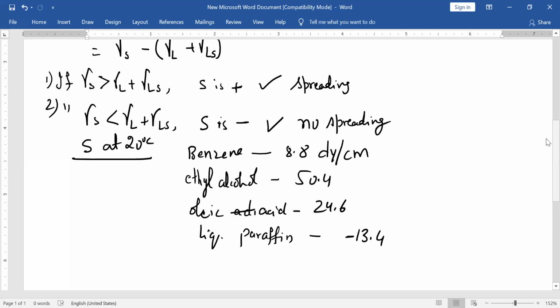So these are the few examples for spreading coefficient at 20 degrees centigrade. So this is spreading coefficient.